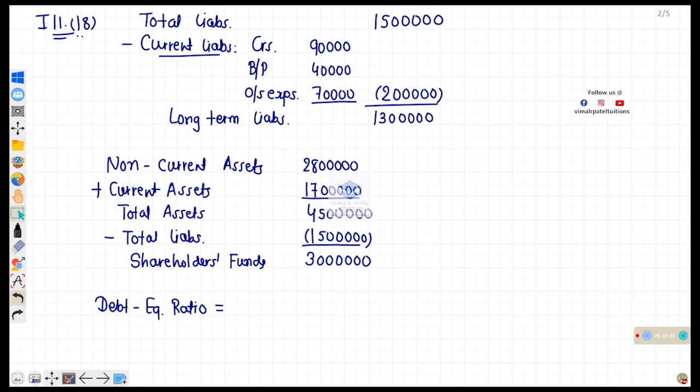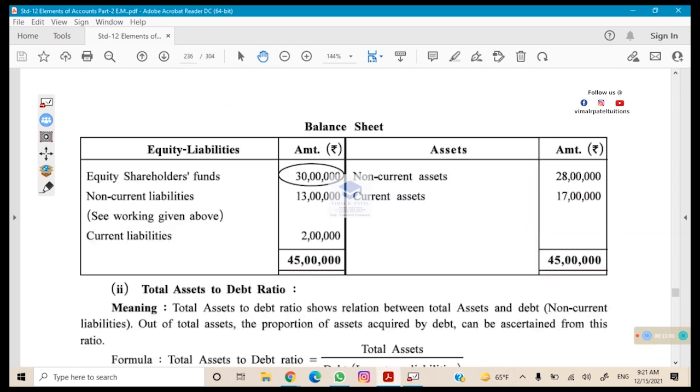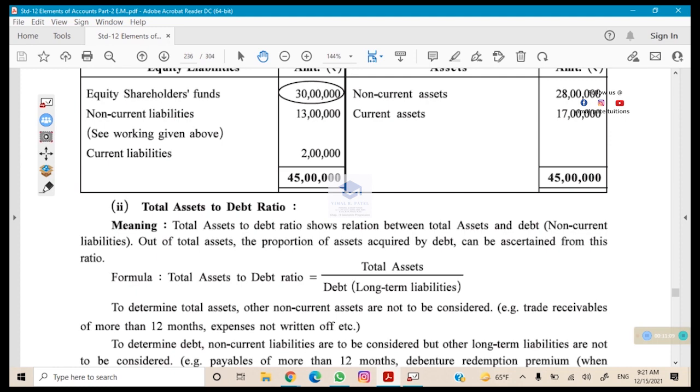Debt equity ratio: 13 lakh long term liability upon shareholders fund, that is 30 lakh. So 13 lakh divided by 30 lakh. 0.43:1. You can find out these figures by preparing balance sheet as well.